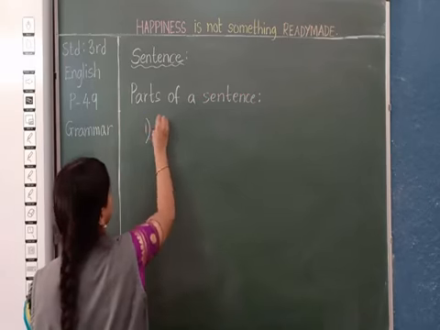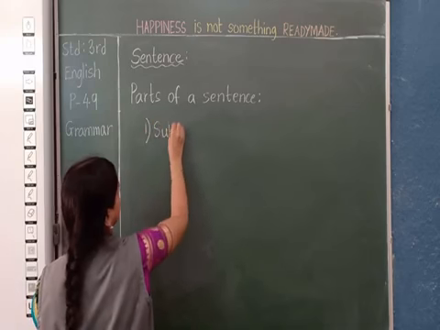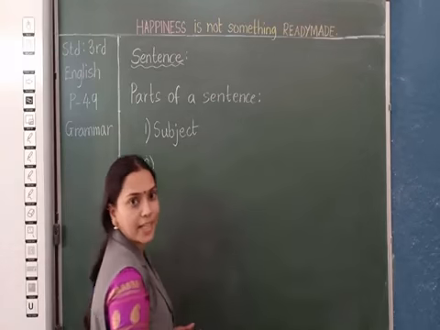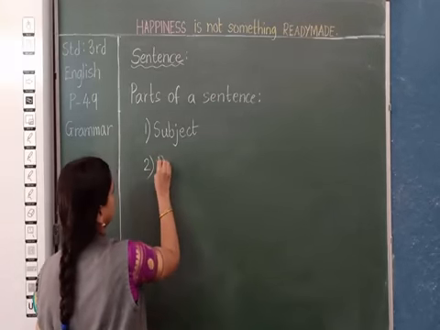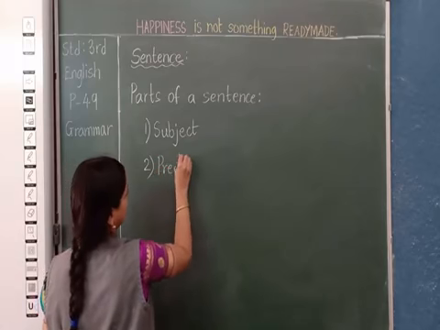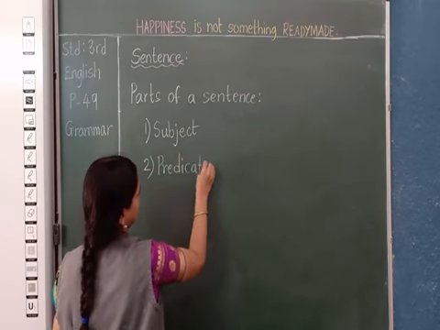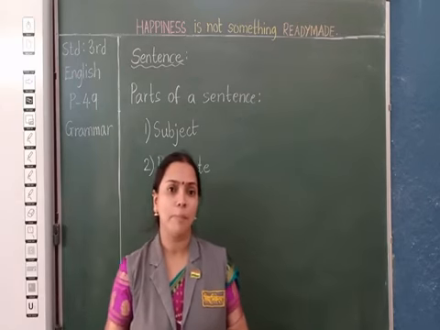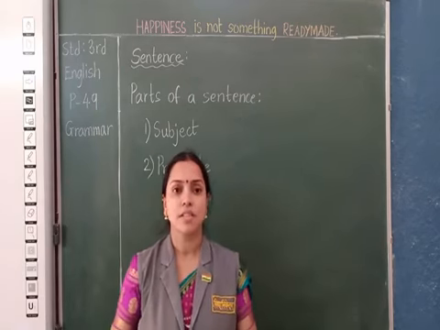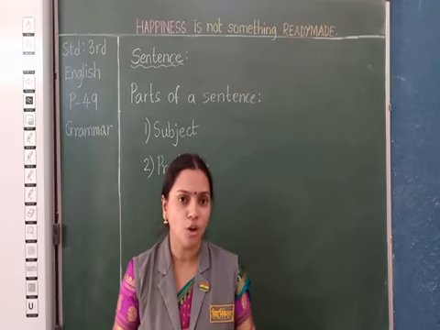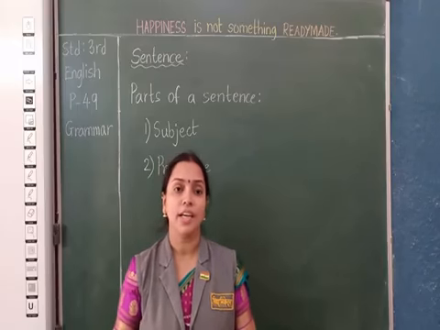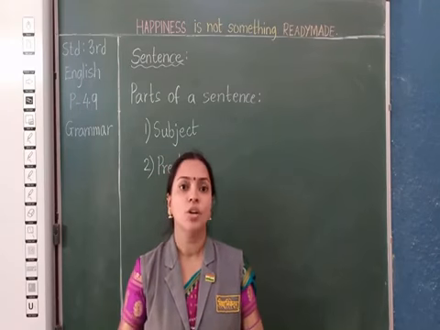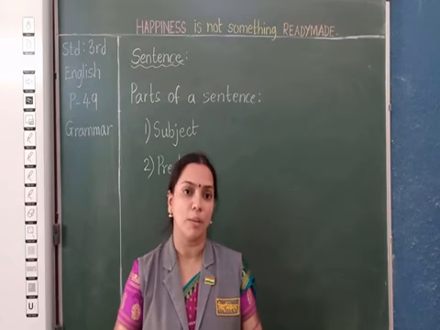Subject and the second one is predicate. What do you understand by subject? Subject is the doer of the action, or it is the person, animal or thing the sentence is about.